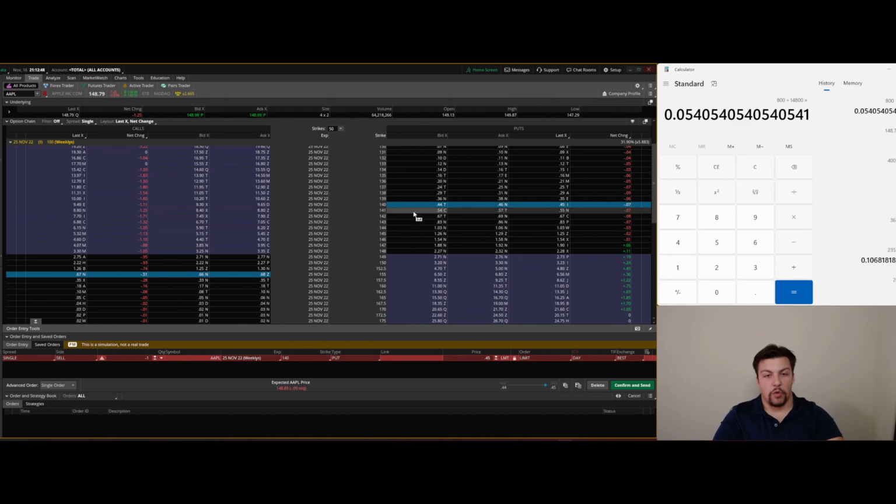So if Apple is at or below, specifically below, my strike price, if it's at 139 by expiration November 25th, then I will buy Apple for $140 per share, and that $14,000 will come out of my account, and it will now be in the form of 100 shares of Apple stock. So that's how I execute covered calls and covered puts.